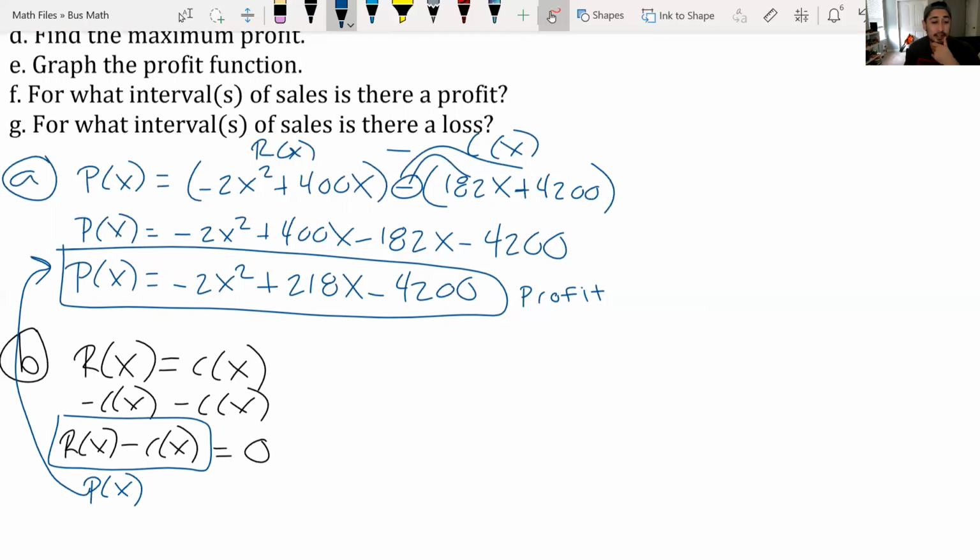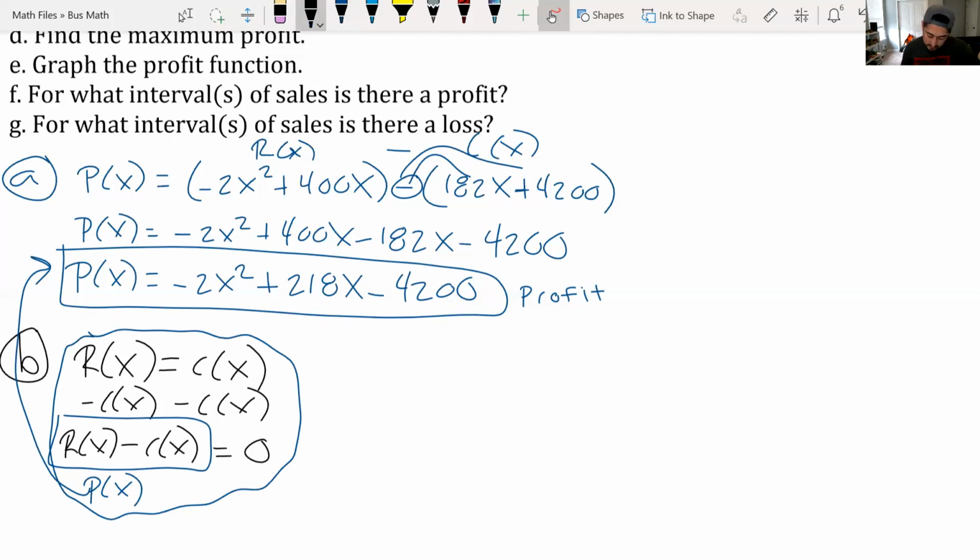So we already have that function. So we can definitely go ahead and skip the step of plugging in revenue, plugging in cost, mixing terms around. It's already done for us. Profit has that for us already. So all we have to do now is take profit and set it equal to 0. I'm just going to make note of that. Okay.